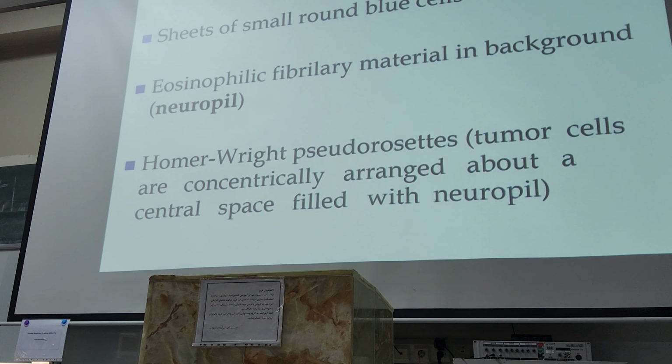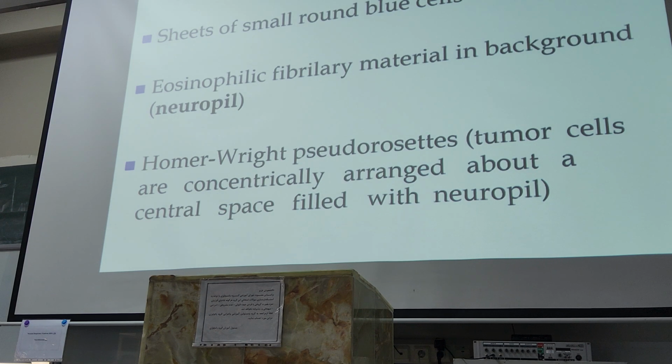Here you have a Homer Wright pseudorosette, which means the central area of the rosette is made of neuropil. You have neuropil here, and the tumor cells are arranged around the neuropil. You can have other types of rosettes.